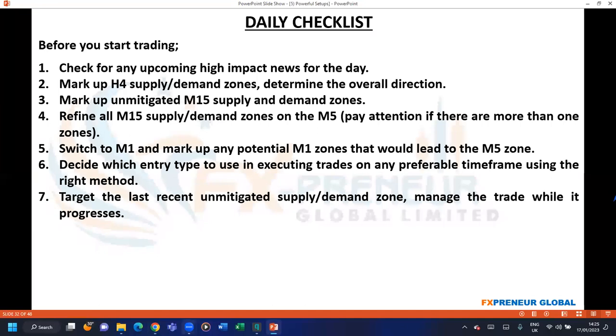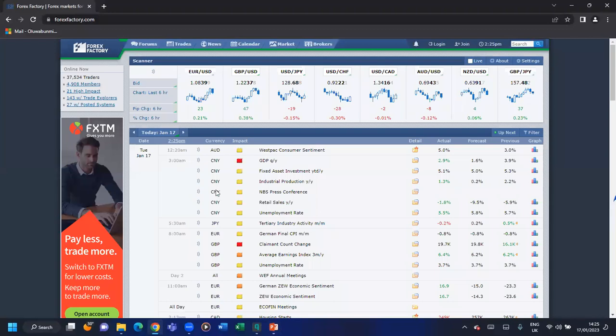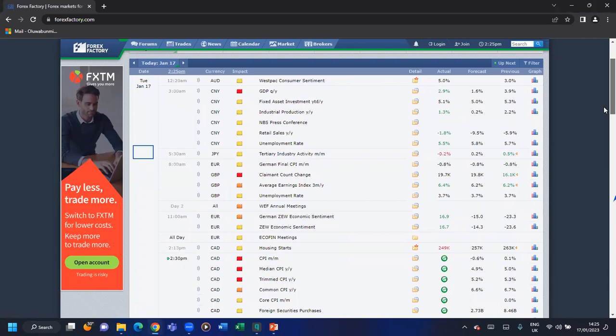When you get to forexfactory.com, you check the currencies for the day that have high impact news. Today is Tuesday, 17th January 2022. These are the currencies that have high impact news for the day.